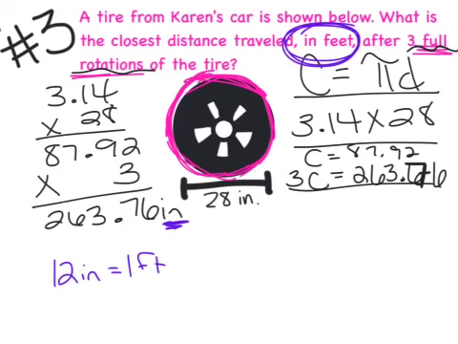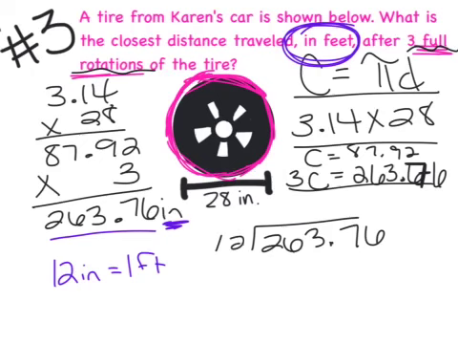So if for every one of these 12, I'm going to get 1 foot, how can I break that up into pieces of 12? Well, if I want to break something up into pieces, I'm going to divide it. So I'm going to take my 263.76 and divide it by 12.